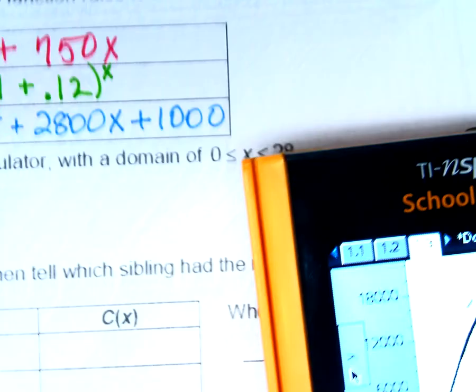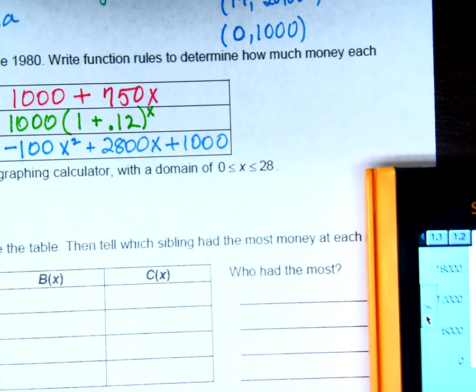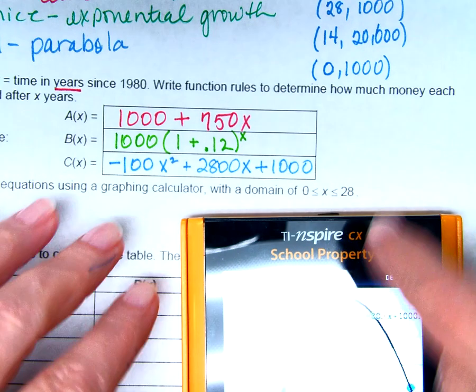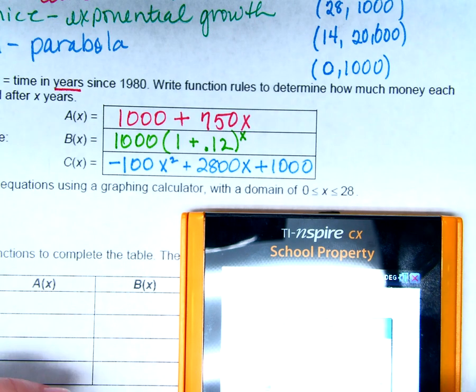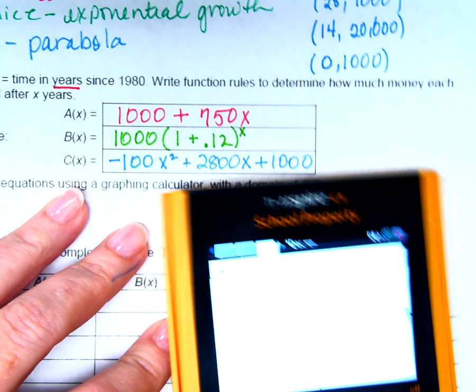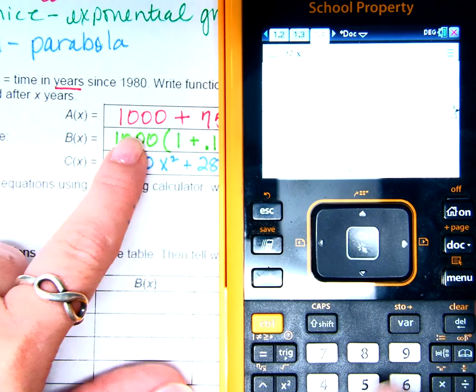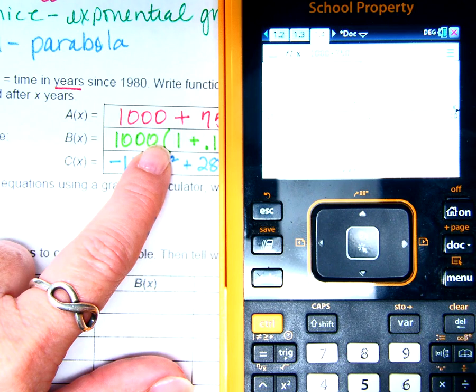Now, what it asks us to do next, still on question number 2, is check the equations using a graphing calculator with this domain. So I need to add a page that is a graph. And I need to enter each one of these. 1,000 plus 750x.